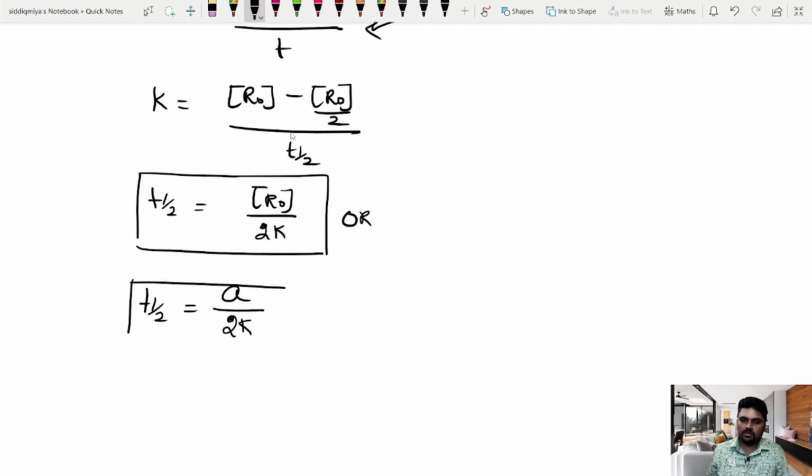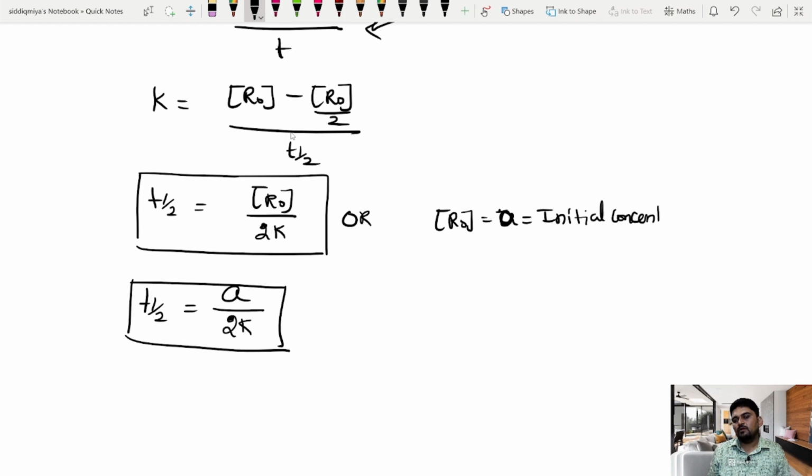R naught and A are the initial concentration of reactants. K is the rate constant of zero order.